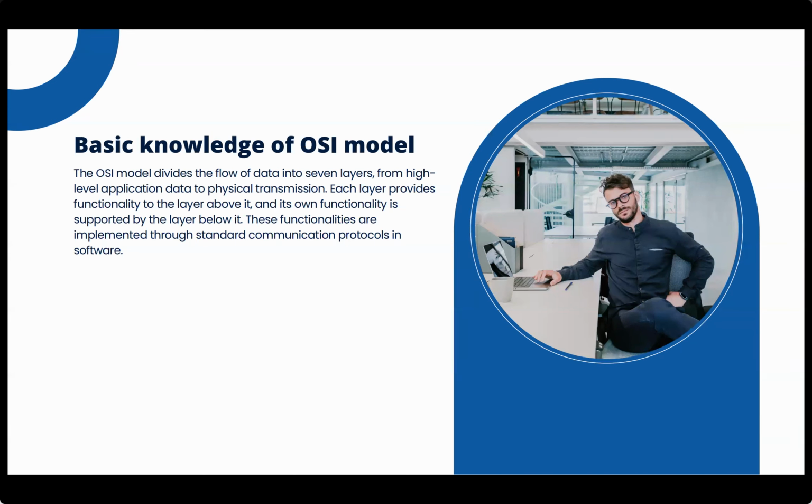Each layer provides functionality to the layer above it, and its own functionality is supported by the layer below it. These functionalities are implemented through standard communication protocols in software.